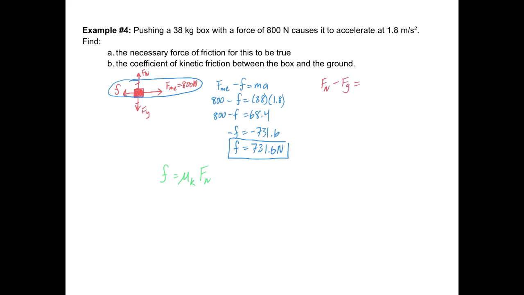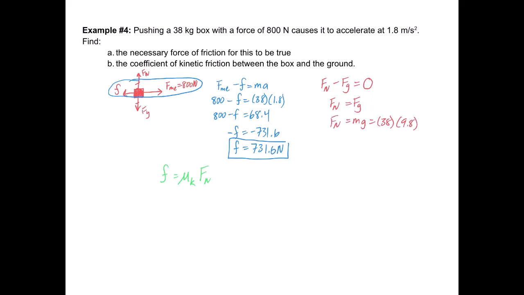But, of course, the acceleration is 0 for the vertical direction. And so we end up getting that Fn, add the Fg to both sides, equals Fg, which is lovely. Fg, of course, is equal to mg, which is the mass, which is 38, times 9.8. And all of that will equal the normal force.